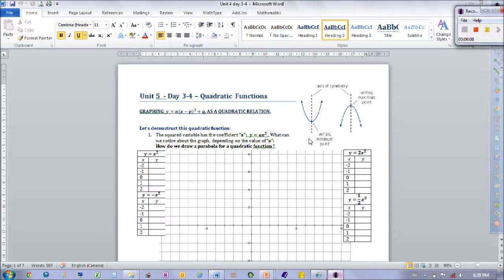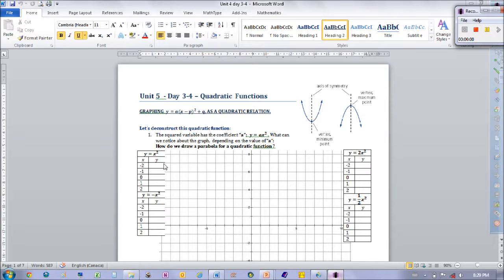Now, a plays a larger role in the overall look of that parabola depending on what its integer or real value is. And we will find out what that role is by deconstructing the quadratic function. So let's take a look at y equals ax squared.